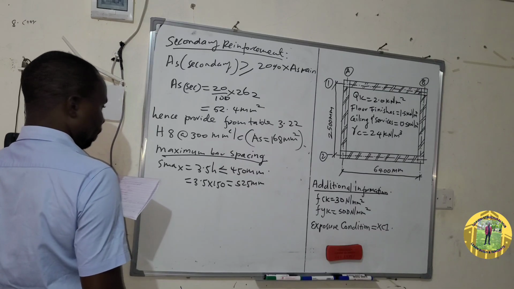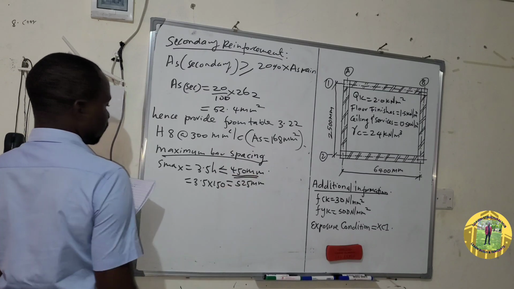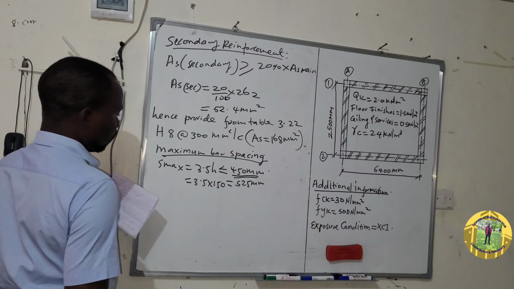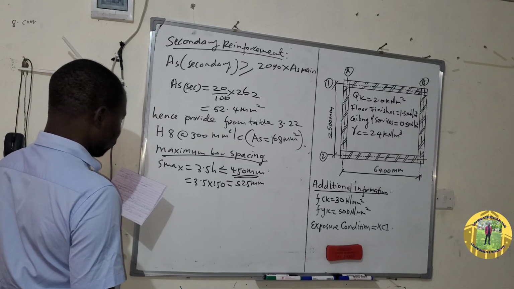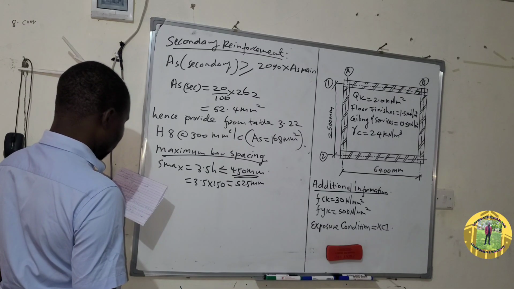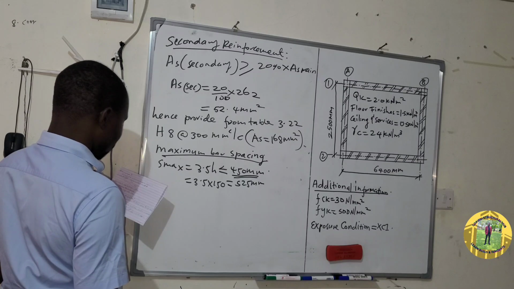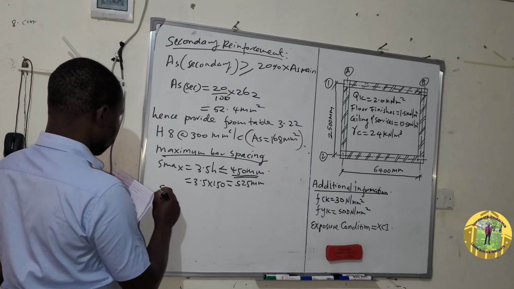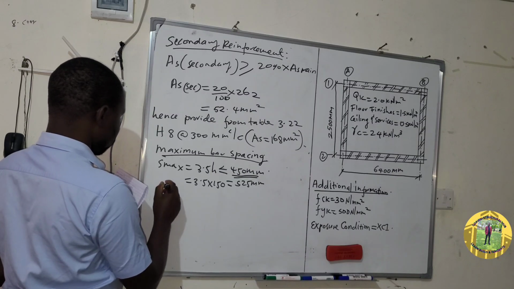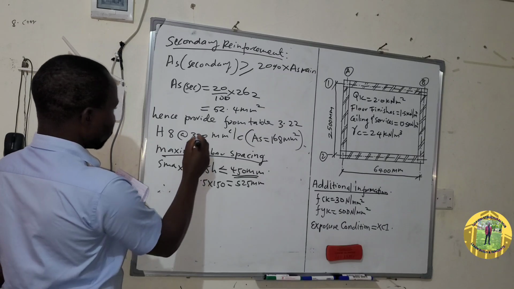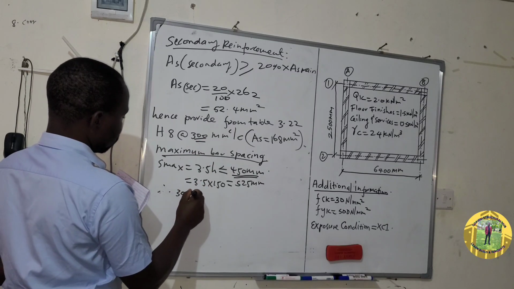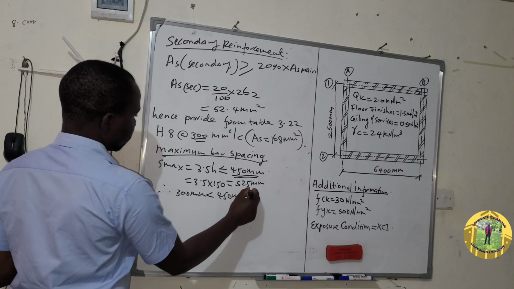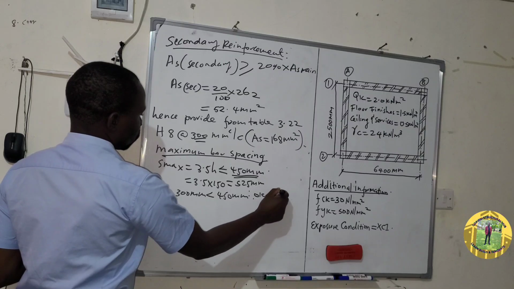It means this one will be used as the maximum spacing, because this 525 is exceeding 450 millimeter, and therefore the minimum, which is 300 millimeter, is less than 450 millimeter. Therefore, okay. So this is general.